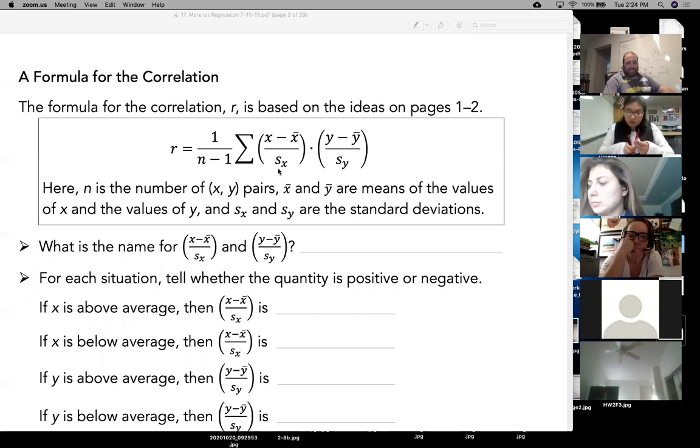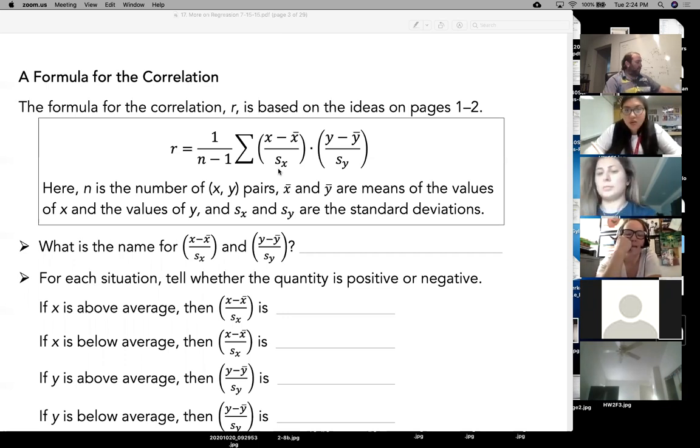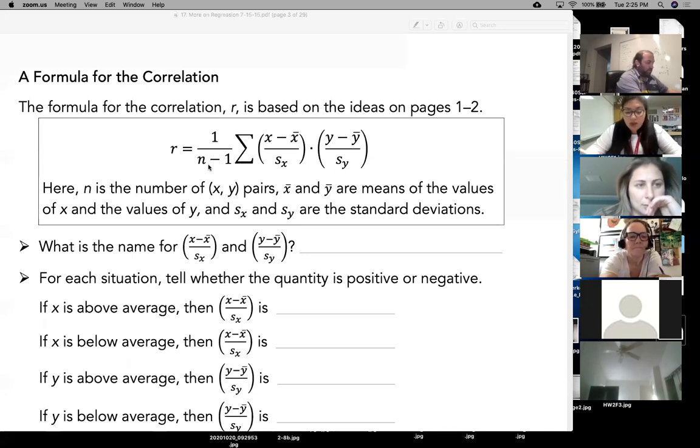What is S sub X? Standard deviation? That's a good question. Thank you. I thought of it myself. Yesenia, you had an answer there? The standard deviation of the X values. And what is S sub Y? Standard deviation of the Y values. Okay. What is N? The number of pairs of X and Y pairs.